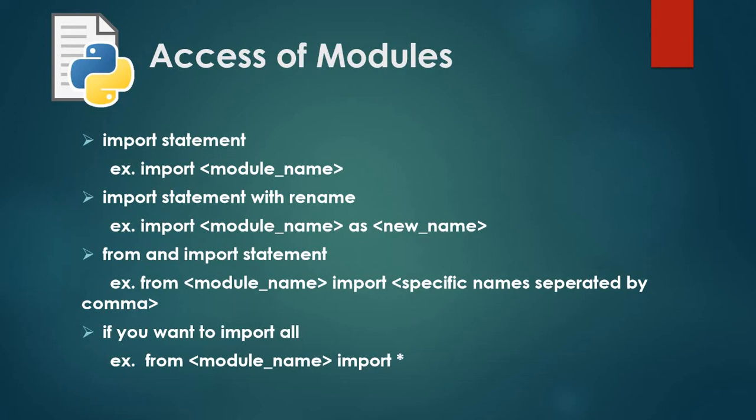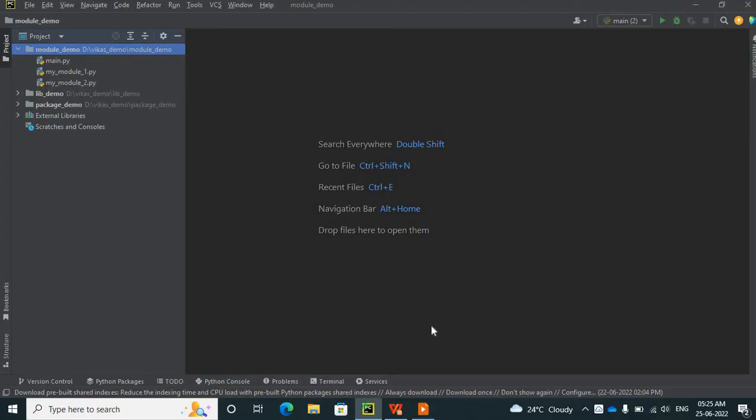Let me switch my window to my PyCharm. See, now this is the project module demo, and in that I have created module 1, module 2, and this is my main file.